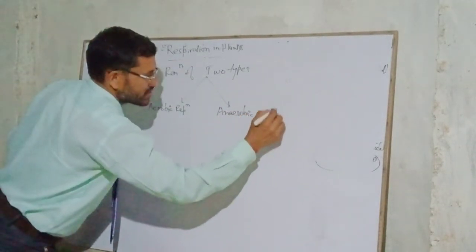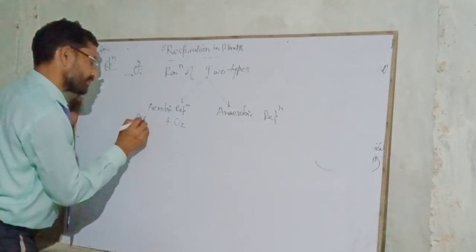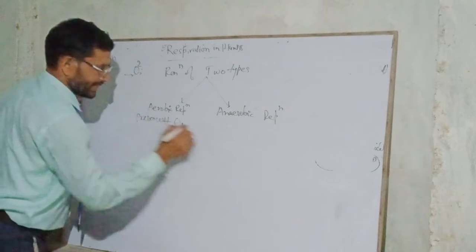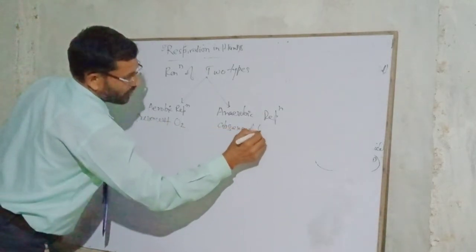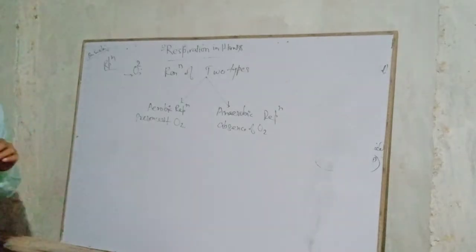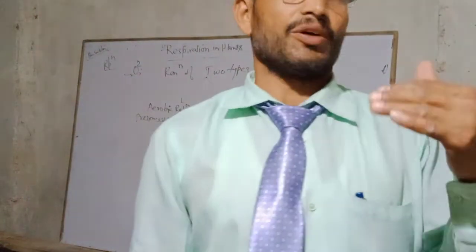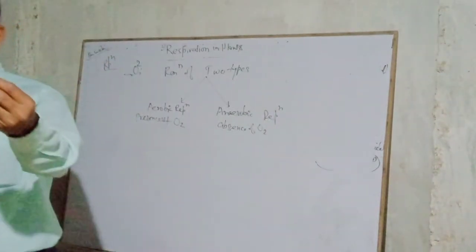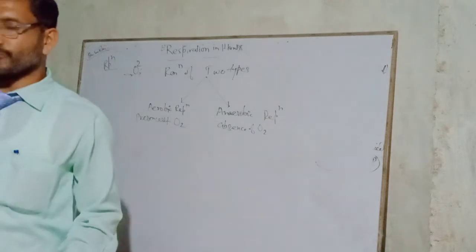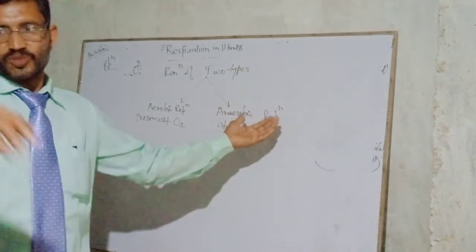That means in presence of oxygen, and here absence of oxygen. When the cell organism requires oxygen to complete the breakdown of the glucose, it is called the aerobic respiration. Aerobic means presence of oxygen. And what do you mean by the anaerobic? Without oxygen, that is in absence of oxygen, anaerobic respiration is going on.